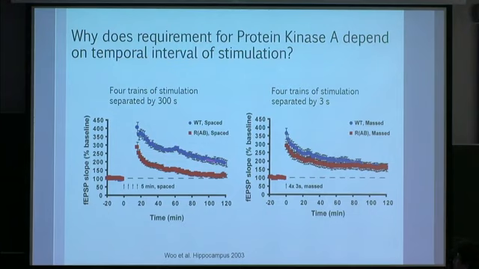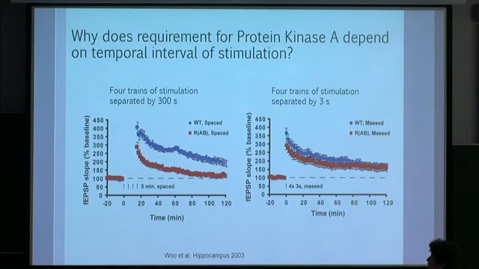If I give the same 4 trains, but now they're separated by 3 seconds, I get this long-lasting LTP. But these PKA mutants have fine LTP with 3 seconds. But if it's 5 minutes apart, I see an LTP deficit.